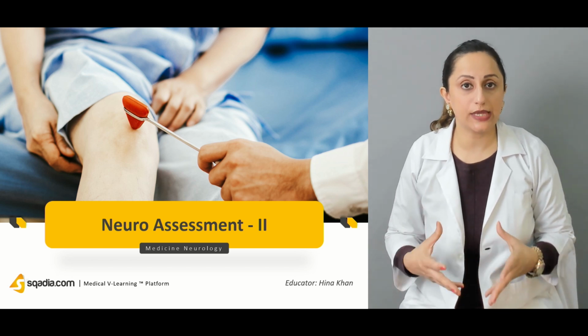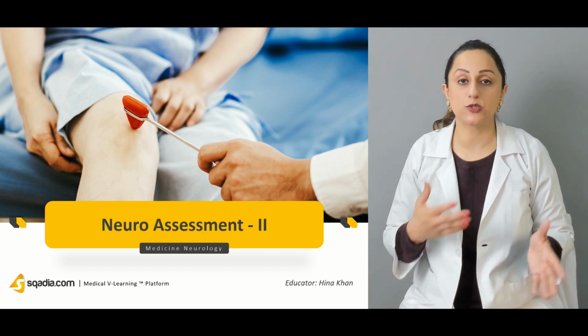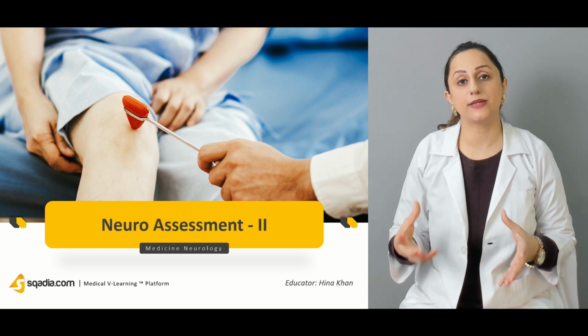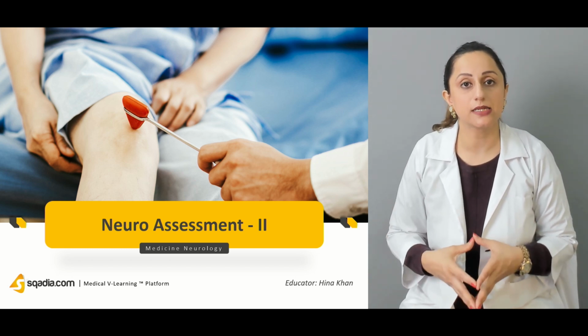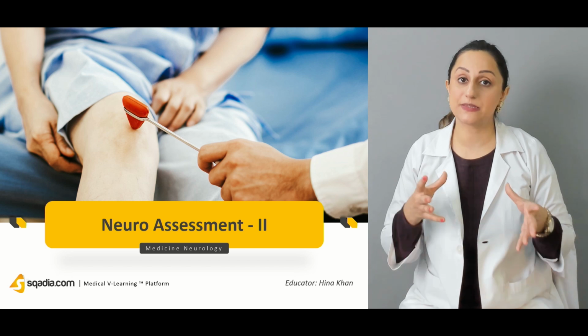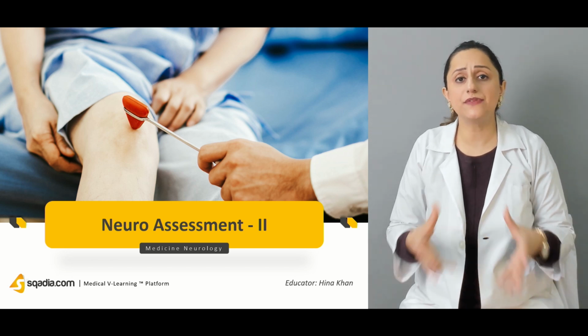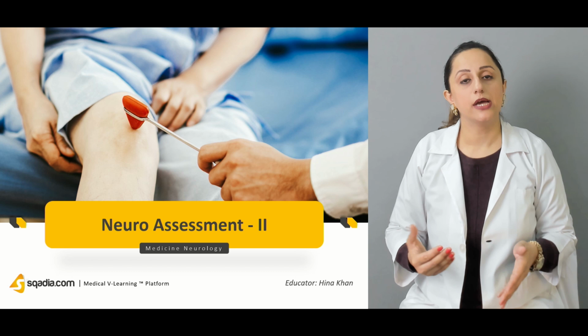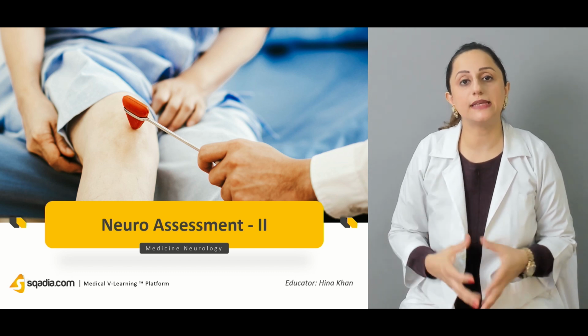I'll be mentioning the examination of these cranial nerves one by one, and also the different disorders related to them specifically. But whatever the case, to get to the definitive diagnosis, one should take the history in detail.